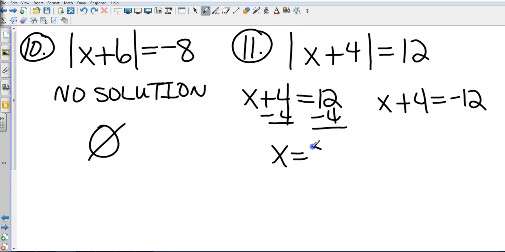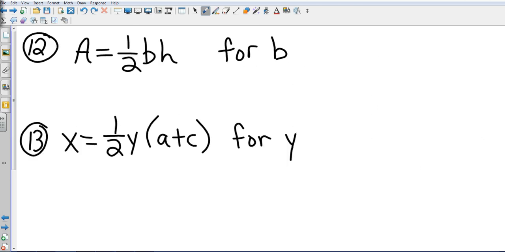One of the answers is 8, because 8 plus 4 is 12. That's going to give me an absolute value of 12 if you're checking at home. Subtract 4 here. X equals -16. Okay, what's -16 plus 4? -12. What's the absolute value of -12? 12. It works.